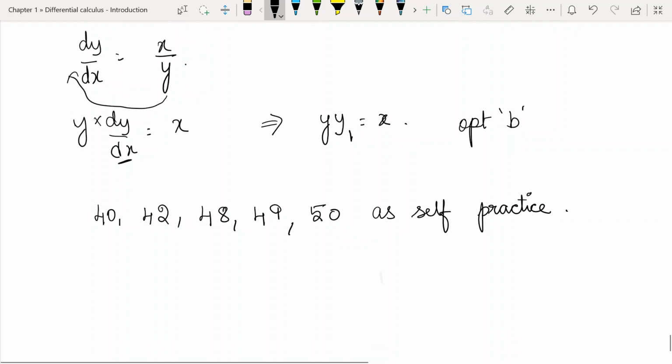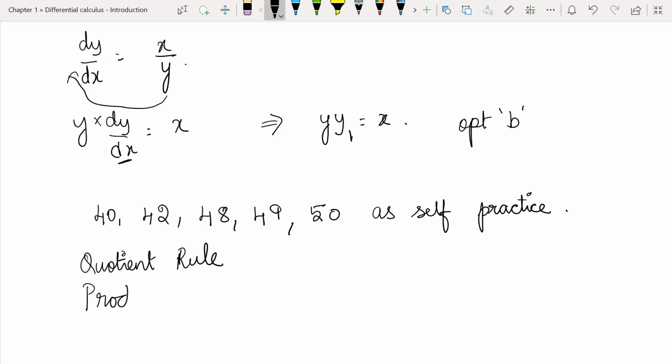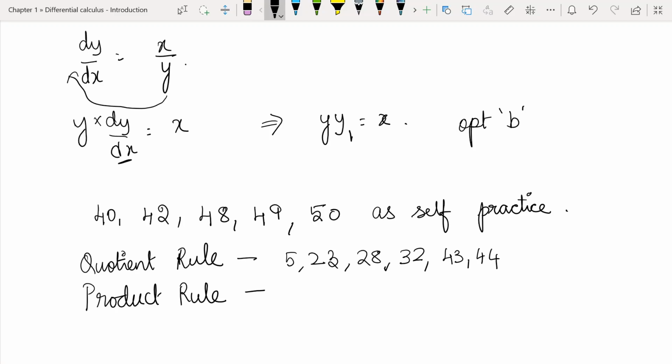Apart from this, you can also do problems for the quotient rule, which we had covered in lecture number 3, and the product rule also. Under quotient rule, you can try 5, 23, 28, 32, 43 and 44. Under product rule, you can try 6 and 27.